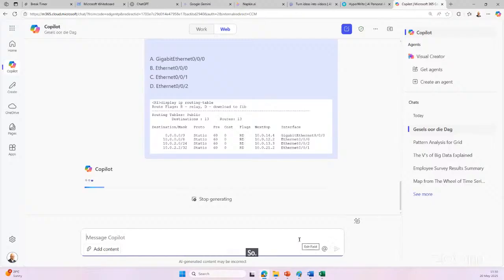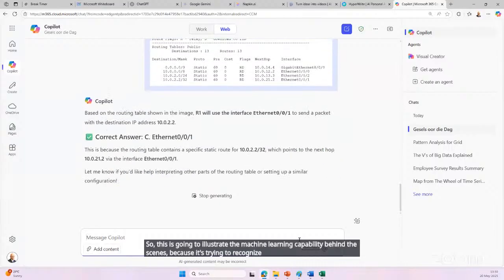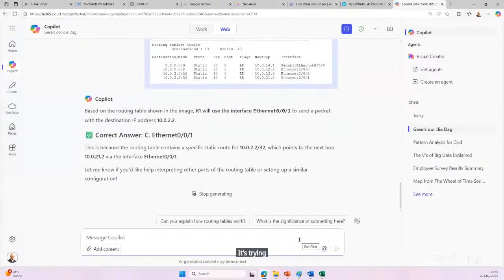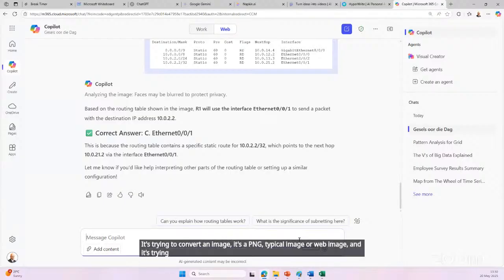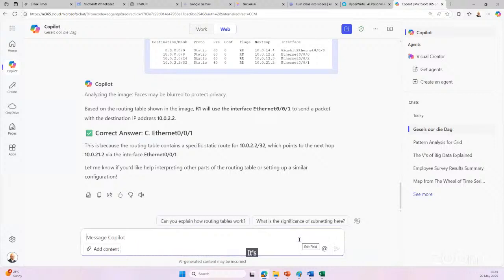Let's see if we get a result. This is going to illustrate the machine learning capability behind the scenes, because it's trying to recognize characters. It's trying to convert an image, a PNG, a typical web image, to text. And not only is it trying to convert that to text, it's also trying to use that text as part of the question.